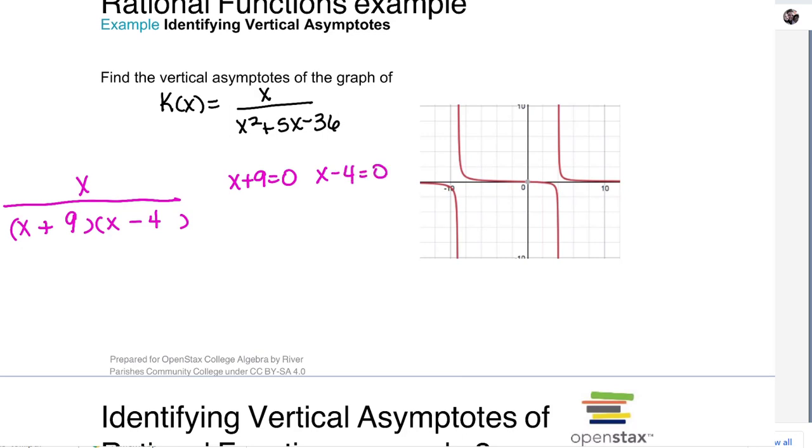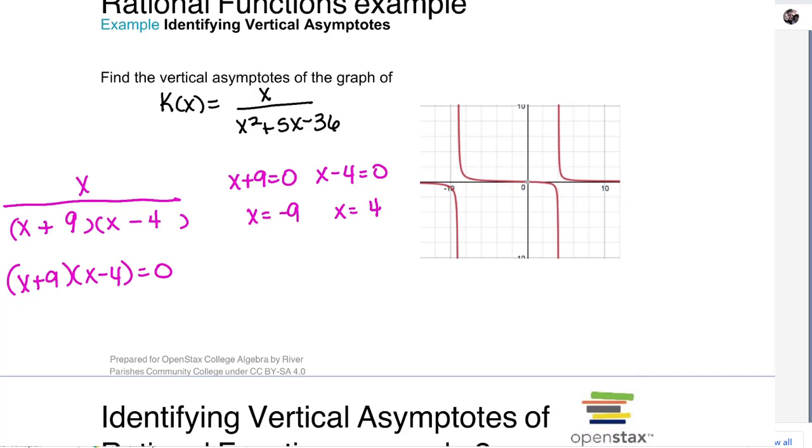The reason we do that is that if you set the denominator equal to 0, you set each factor equal to 0, and you would get negative 9 and positive 4. This corresponds to the domain. The domain is all real numbers except for negative 9 and positive 4.